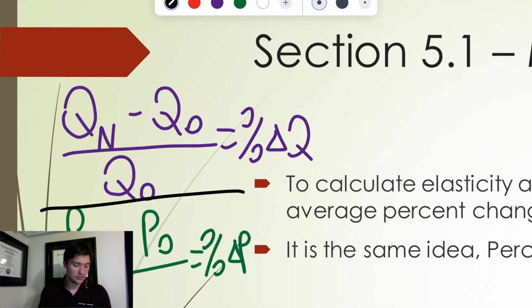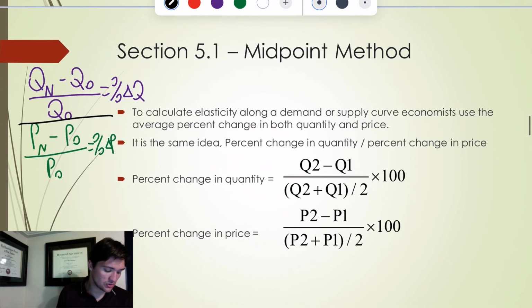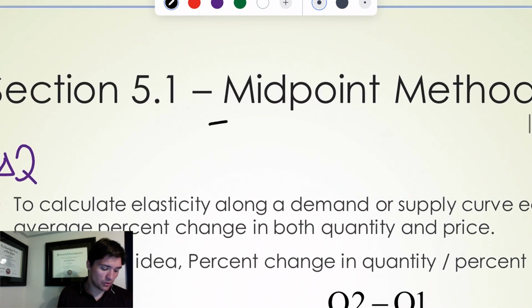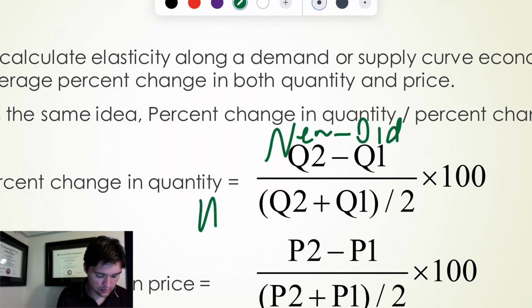Now all we're going to do is add something to it. So instead of new minus old divided by old, we're going to be doing new minus old divided by average quantity, or new minus old divided by average price. So in that case, the percent change in quantity using the midpoint method, all we're going to do is new Q2, so new minus old divided by average.